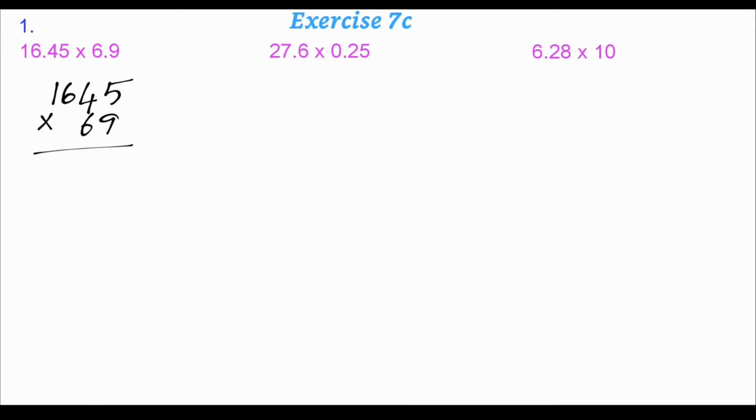9 5s are 45. 9 4s are 36. 36 plus 4, 40. 9 6s are 54. 54 plus 4 will be 58. 9 ones are 9, 10, 11, 12, 13, 14.